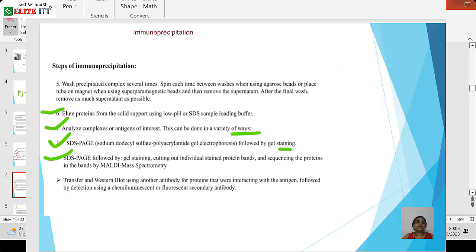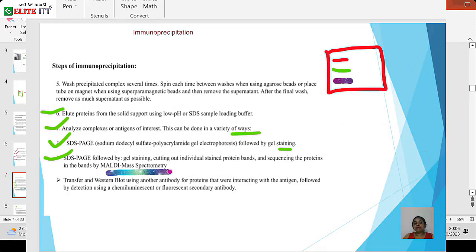Whenever, if you consider this is the gel, okay, this is gel. Now you have protein of interest and you have two other bands, right? Two other bands. Now generally mass spectrophotometry is a very sensitive method, and this instrument is very costly.